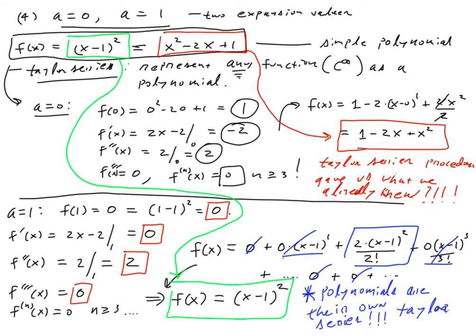So the Taylor series doesn't give you anything other than what you already have when it comes to polynomials. I think that's an interesting coda to our exercise of doing Taylor series, to show that the examples of simple functions give you exactly what you expect.